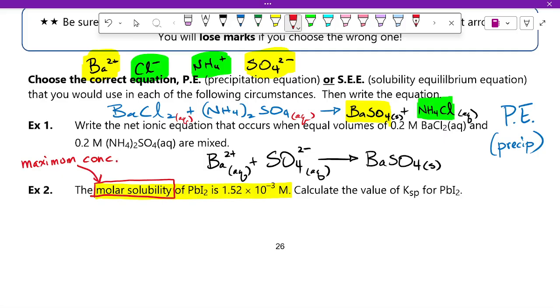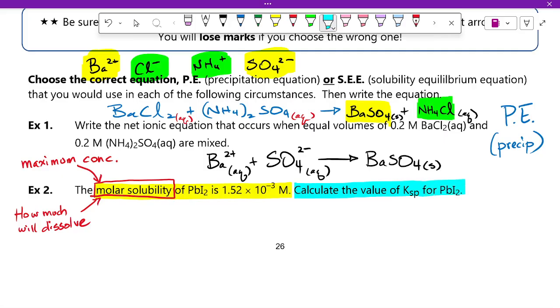Solubility is how much will dissolve. And it says to calculate the value of KSP for PbI2.